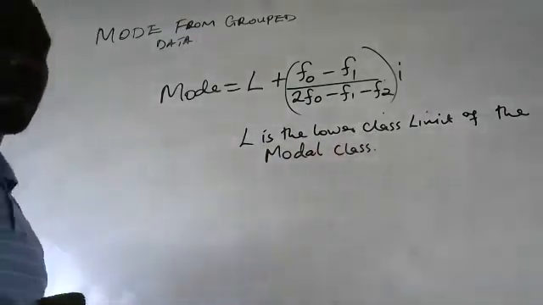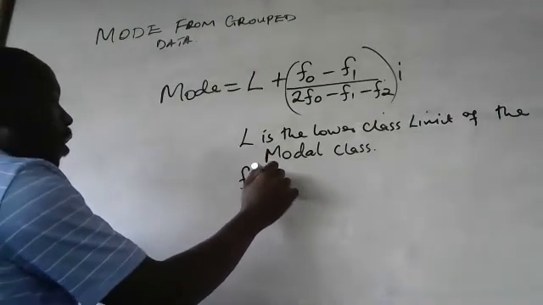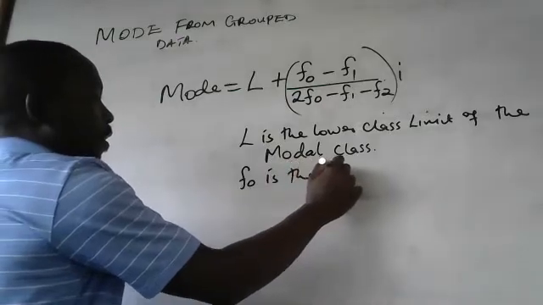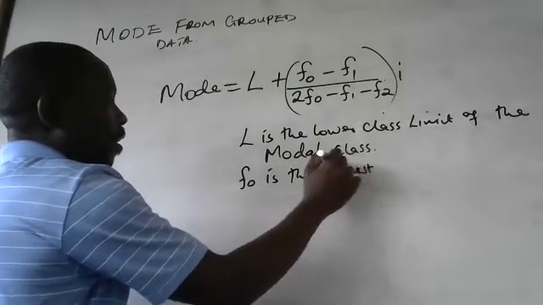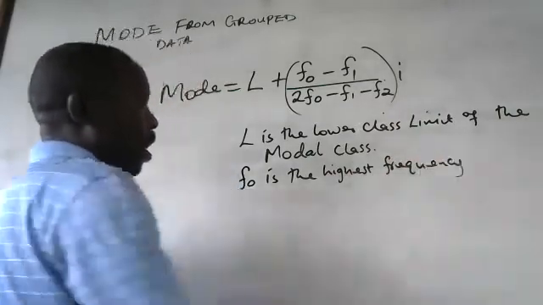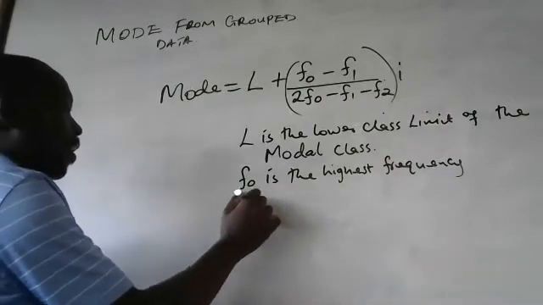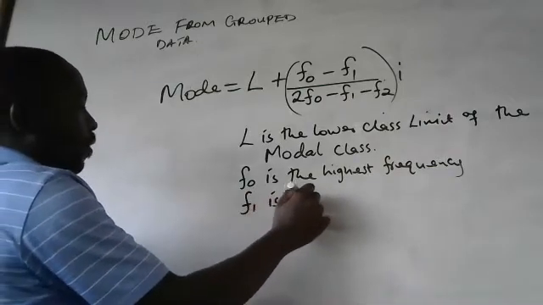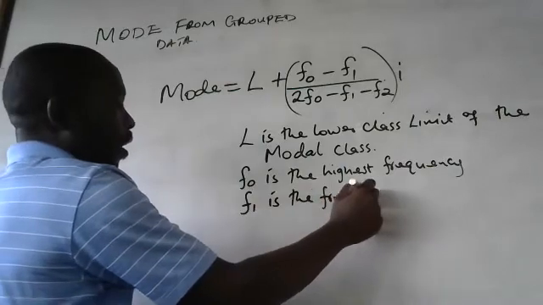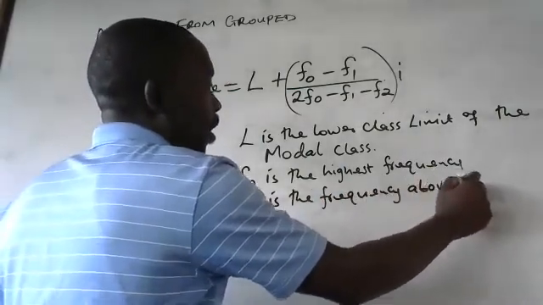F0 is the highest frequency. F1 is the frequency above F0.